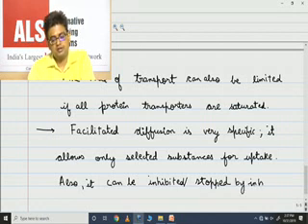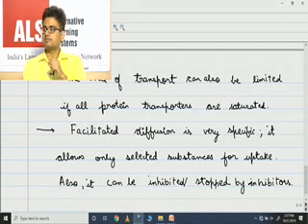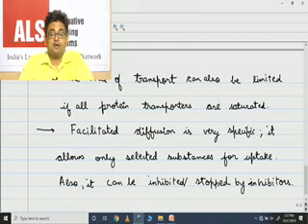What is an inhibitor? Can you guess what an inhibitor is? Inhibitors are poisons. Poisons are inhibitors.